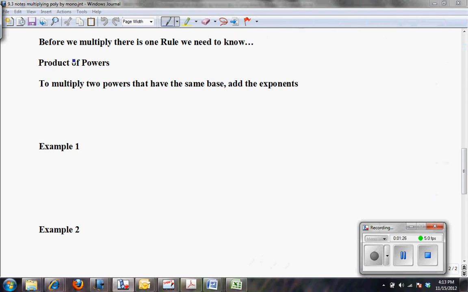And that rule is the product of powers. You may have used it last year: if you have two numbers or two variables that have the same base, so x to the power of a times x to the power of b, then when we're multiplying the same base, we add the exponents.